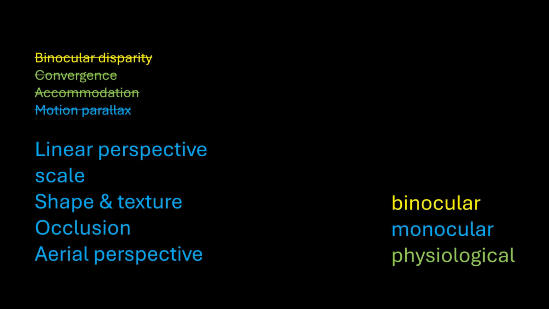Everything to do with motion, like motion parallax, is also gone because there is no movement in the scene. So we are left with a rather limited set of cues to work with, to perceive the three-dimensional nature of the scene depicted in that image.